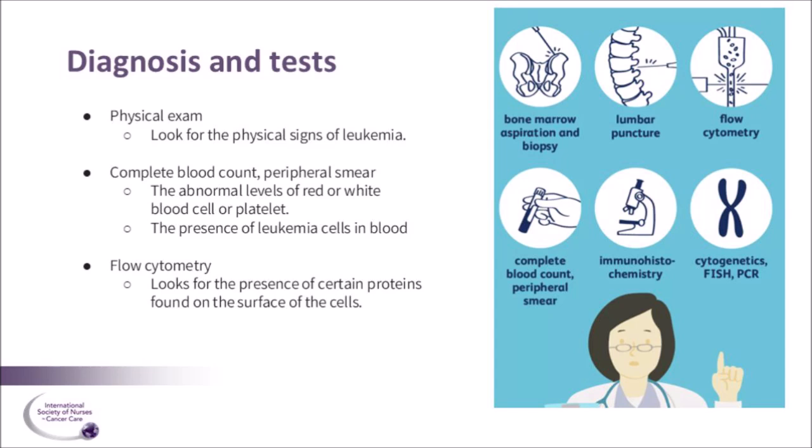Complete blood count and peripheral smear to check for abnormal levels of blood cells including red or white blood cells or platelets. If you have leukemia, you'll likely have higher than normal counts of white blood cells, and flow cytometry, immunohistochemistry, cytogenetic tests to detect specific proteins on the surface of cells.